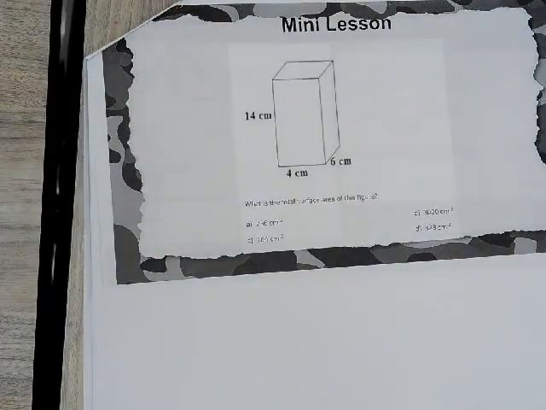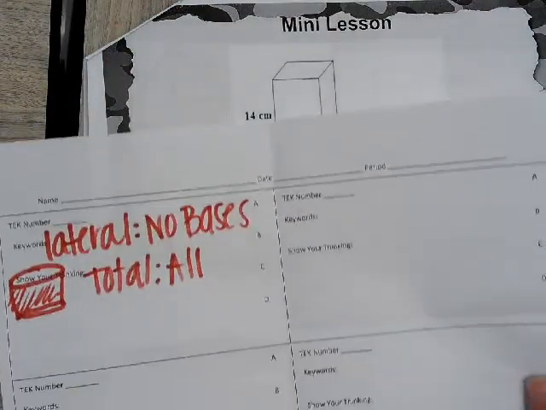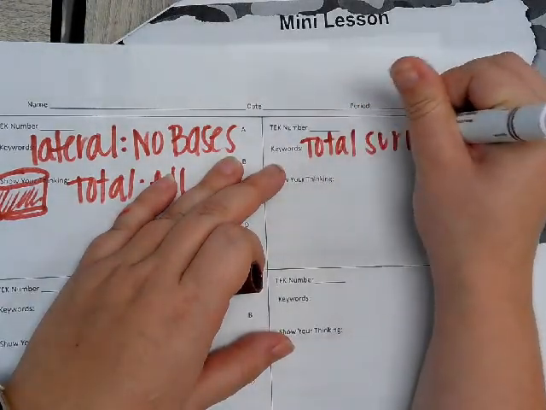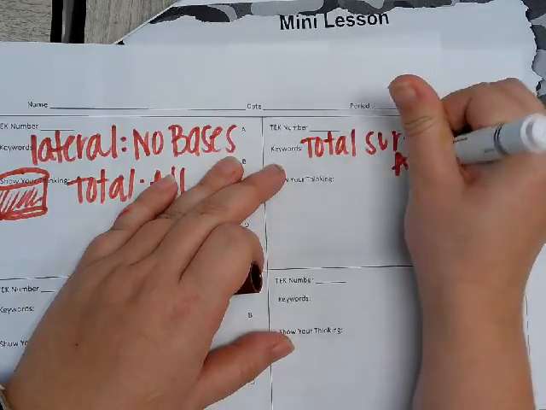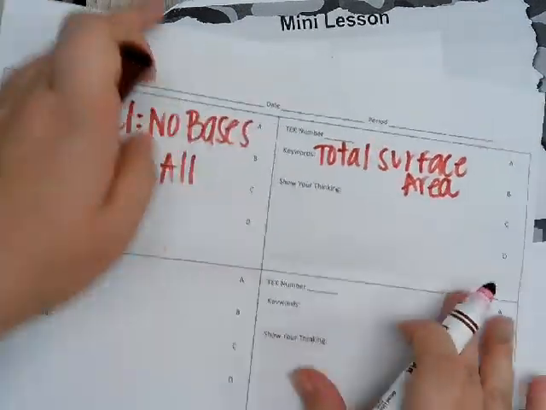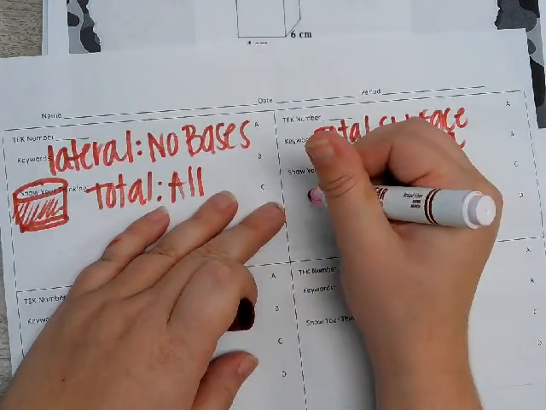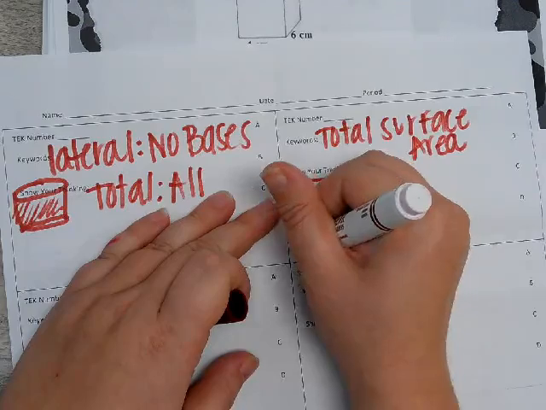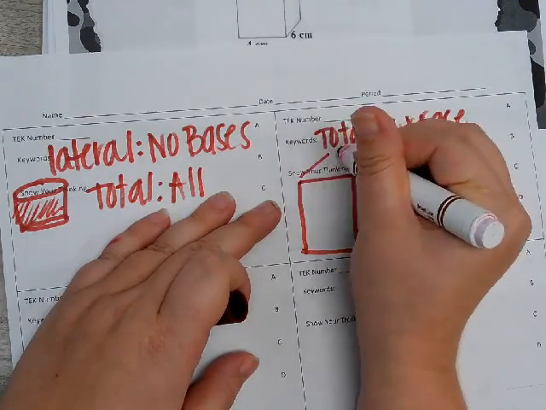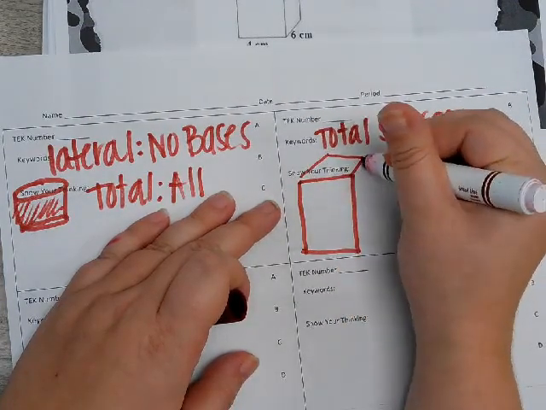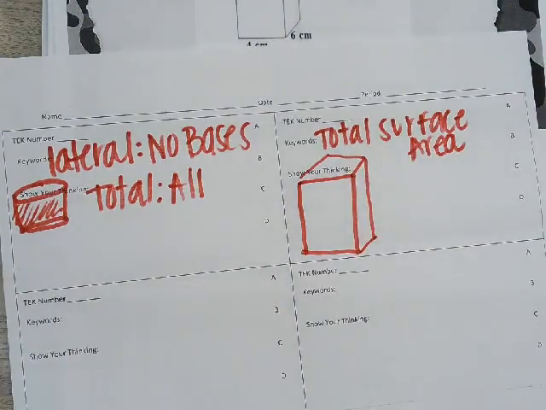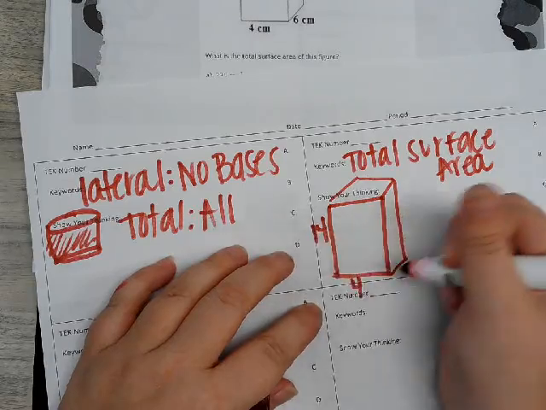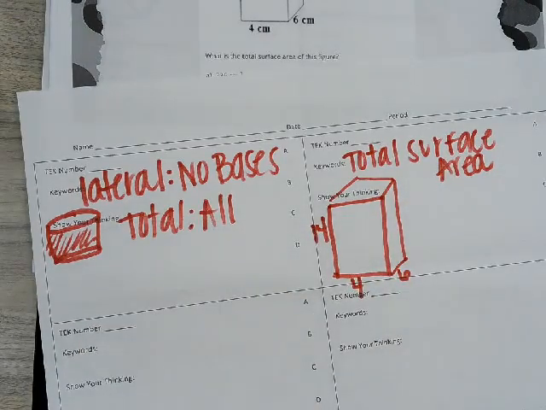Okay, so the first one, it says, what is the total surface area? I'm going to draw my figure. Okay, this was 14, 4, and 6.